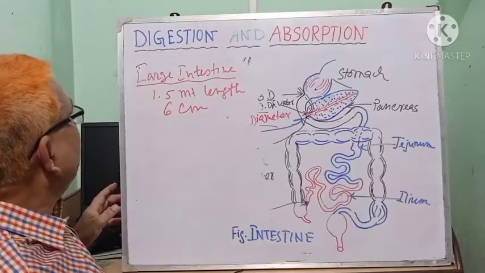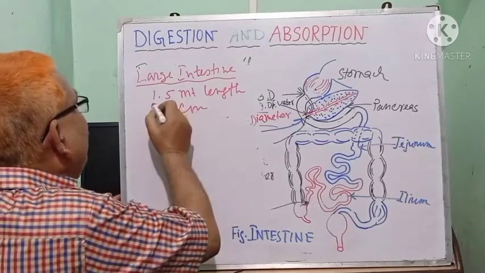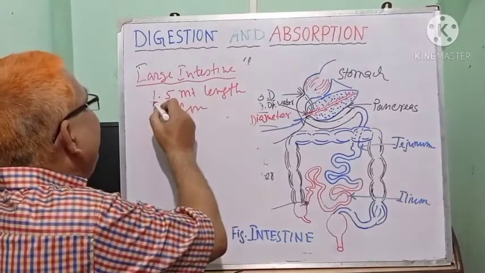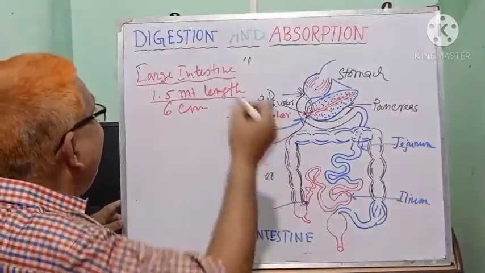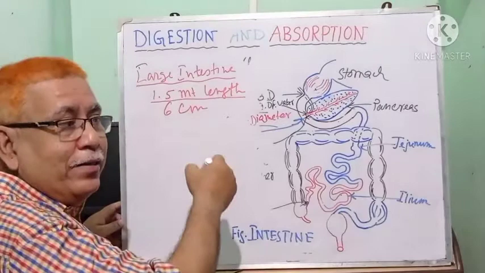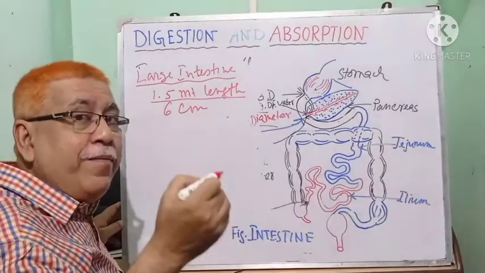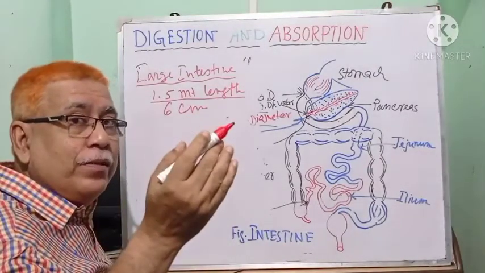Actually, length of the large intestine is 1.5 meter and length of the small intestine is 6 to 7 meter.